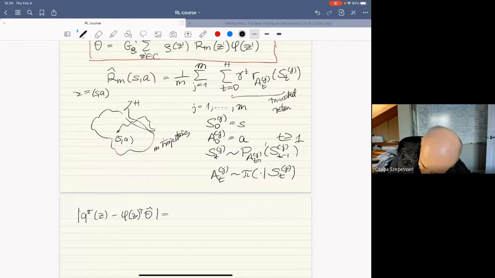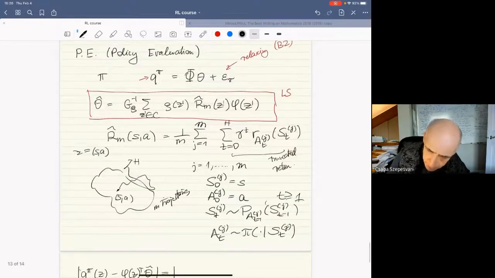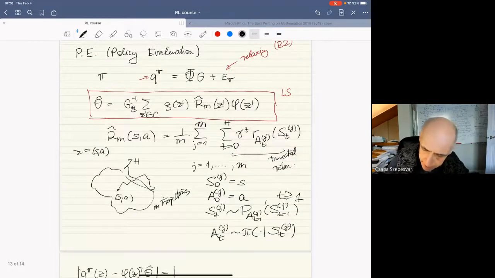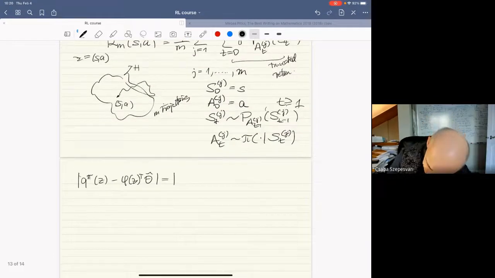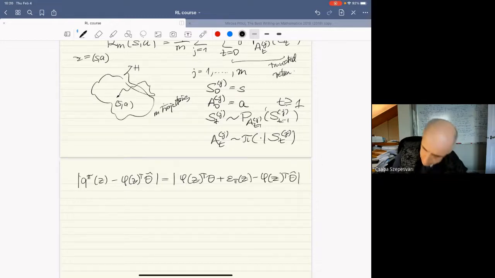Then, of course, instead of Q of pi, I can write phi z transpose theta plus epsilon pi of z. And then subtract the prediction.